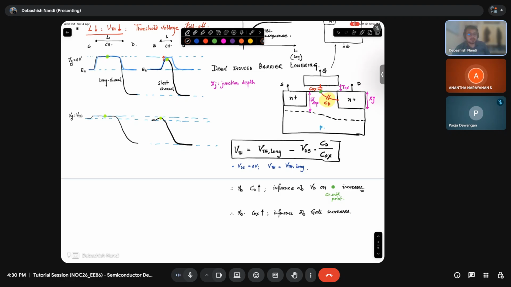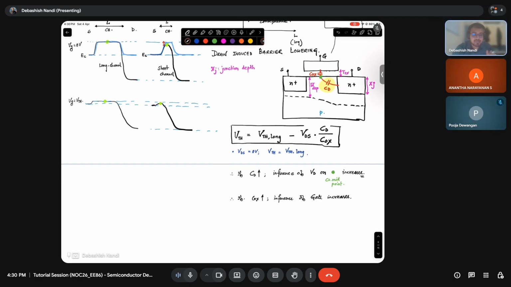Sir, so aim is to increase Cox. Since we want better influence of gate, doesn't that mean we should increase Cox? Yeah, I'm coming to that. So that is not only Cox. There are multiple things. That is what I'm trying to convey.